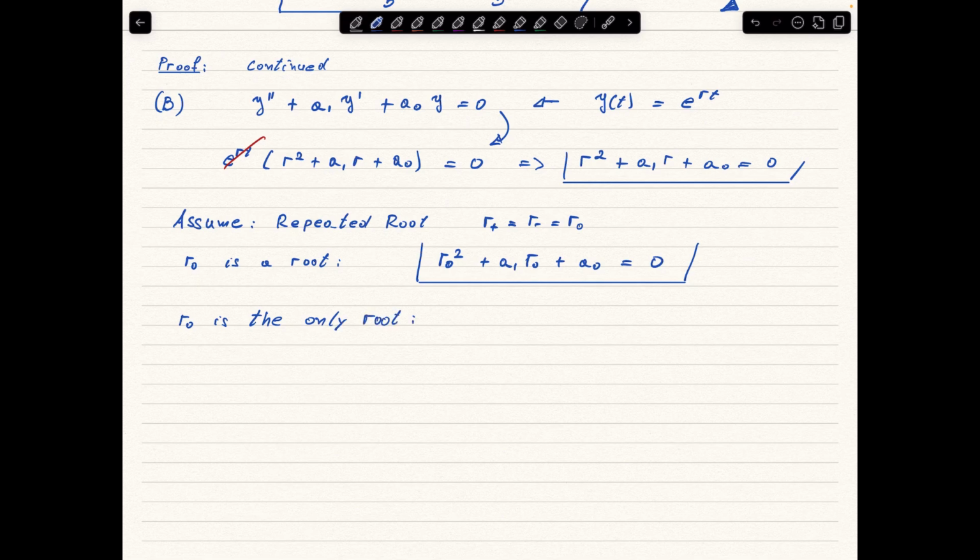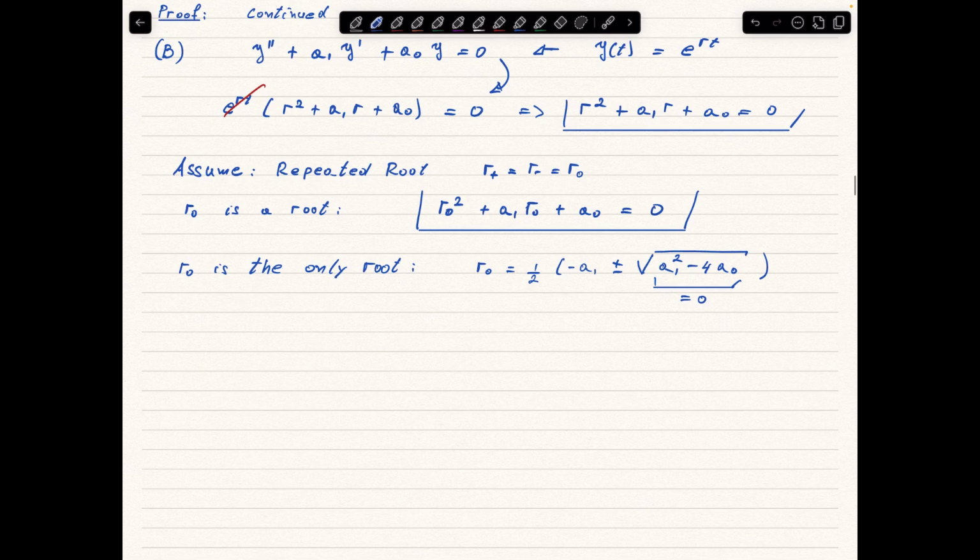What does that mean? Well, if we use the formulas for the roots, r0 is 1/2 of negative a1 plus or minus the square root of a1^2 - 4a0. But we have only one root, so what that means is the part inside the square root has to be 0. So the coefficients have to be such that this happens, and when that happens, the formula for r0 is negative a1 over 2.